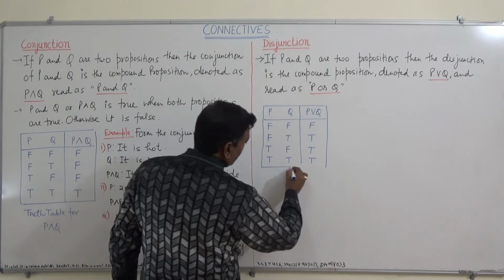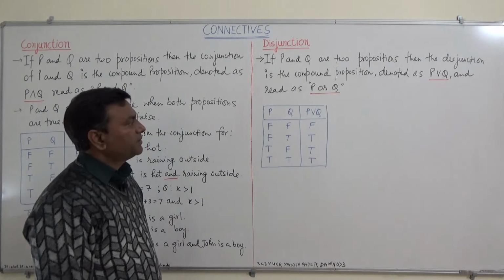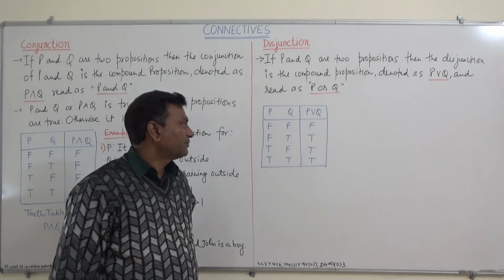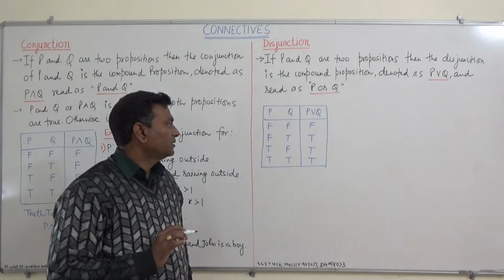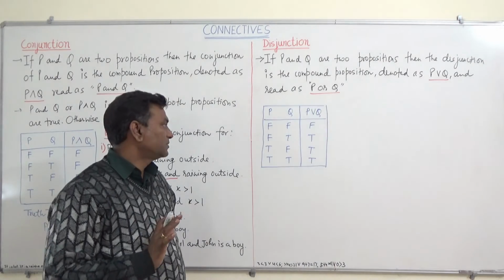this P or Q compound proposition, using the disjunction, will be true when any of the propositions is true, otherwise it is false.